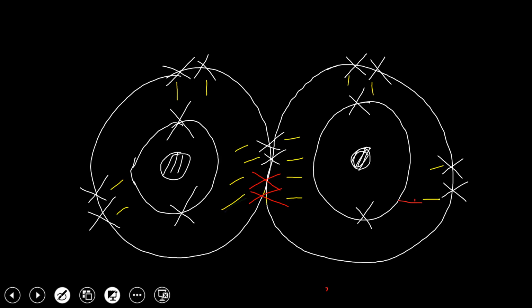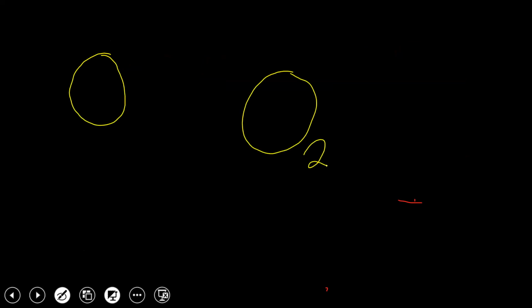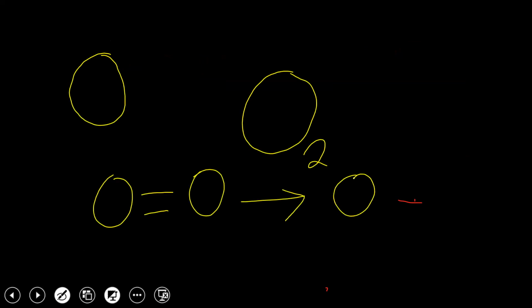That's a covalent bond. So you'll never see an oxygen atom written alone like this. This is the oxygen atom. Oxygen is written as a diatomic; diatomic means there are 2 atoms combining. They form the oxygen molecule. That's why you indicate the 2 down here, that there are 2 atoms of oxygen combining to form O2.